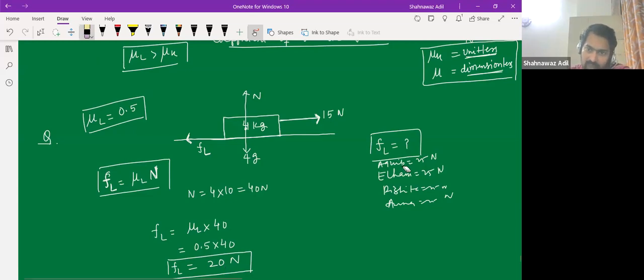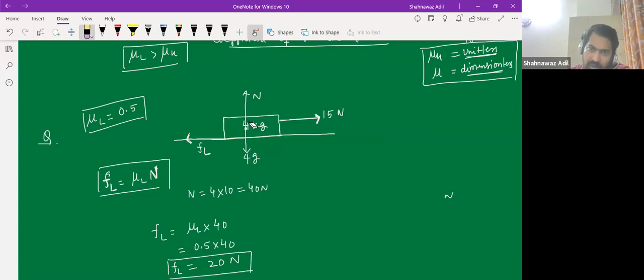Yes, sir. Okay, so now you guys say that this object is experiencing a static friction of 20 Newton in this direction, right? And you are applying a 15 Newton force in this direction.